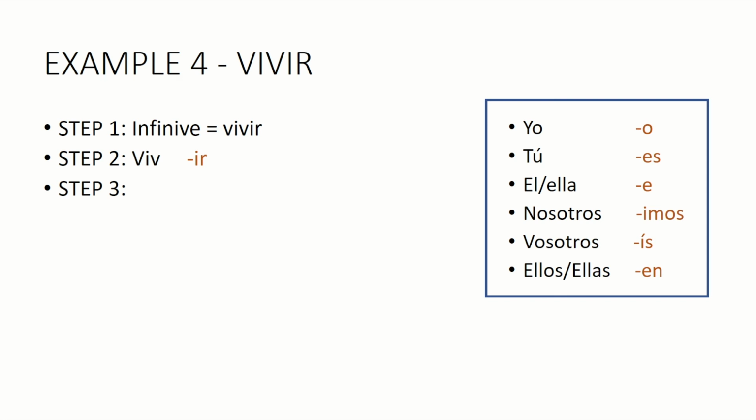Example number 4, vivir, which is to live. So step number 1, again infinitive. Step number 2, we drop the ending. Step number 3, add the ending from the right hand side of the screen.